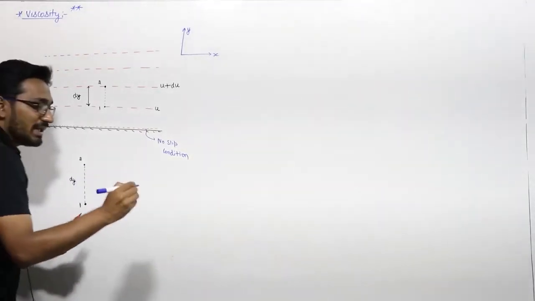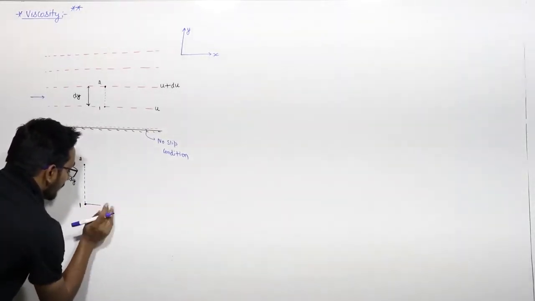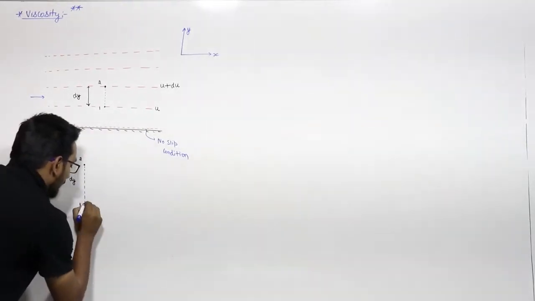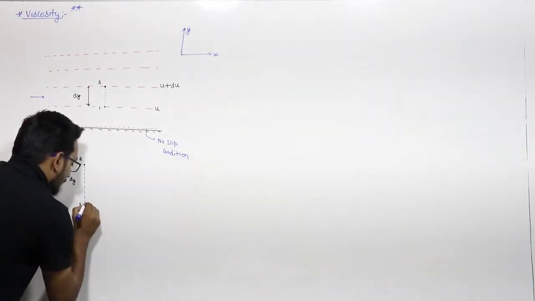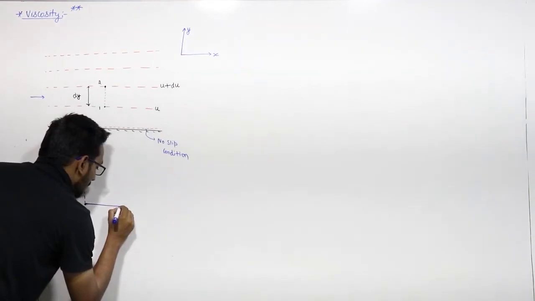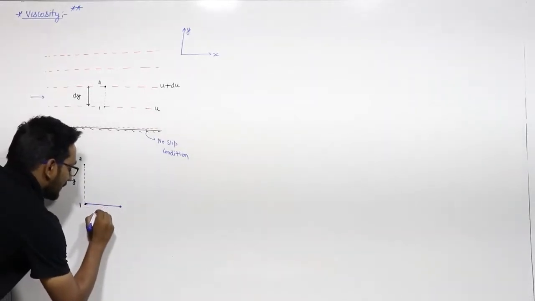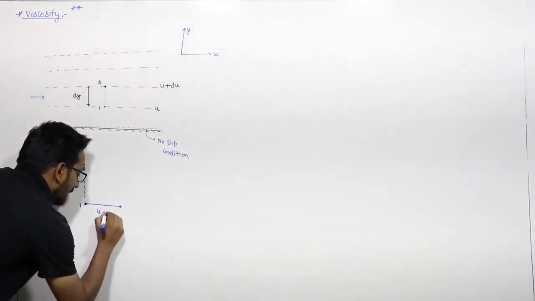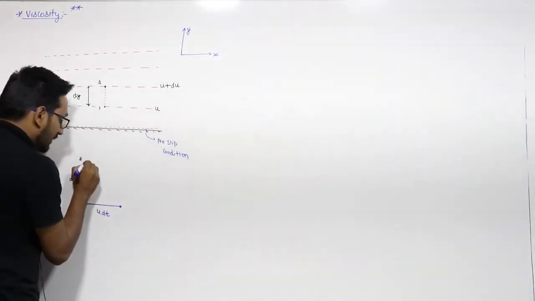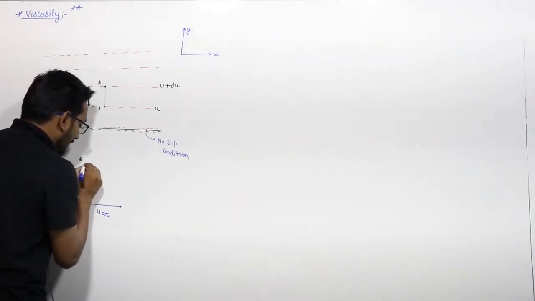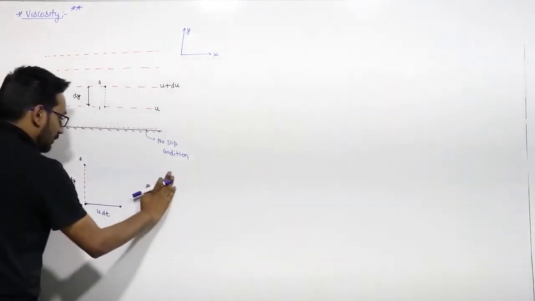Then after some time dt, particle 1 will reach this point. This much distance is covered by particle 1, and this distance is u into dt in time dt. Particle 2 will cover more distance, so let us say particle 2 will come to this point.